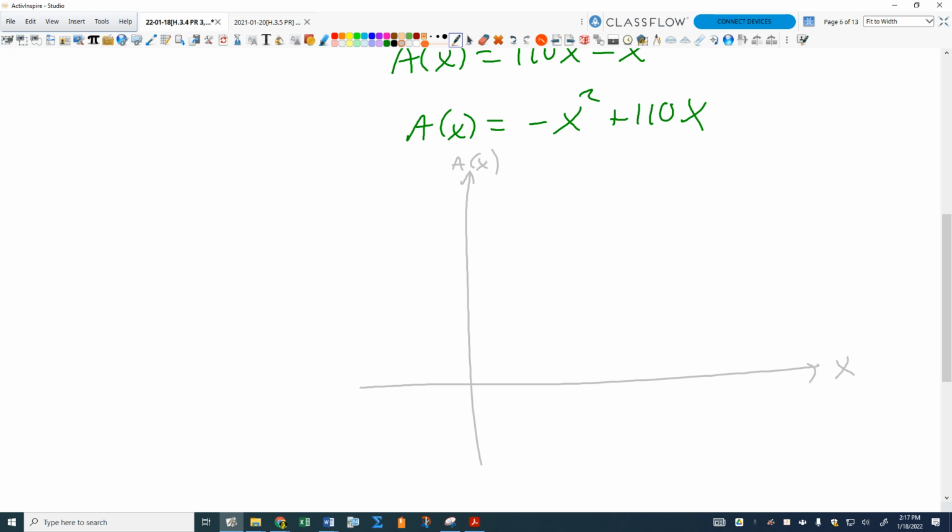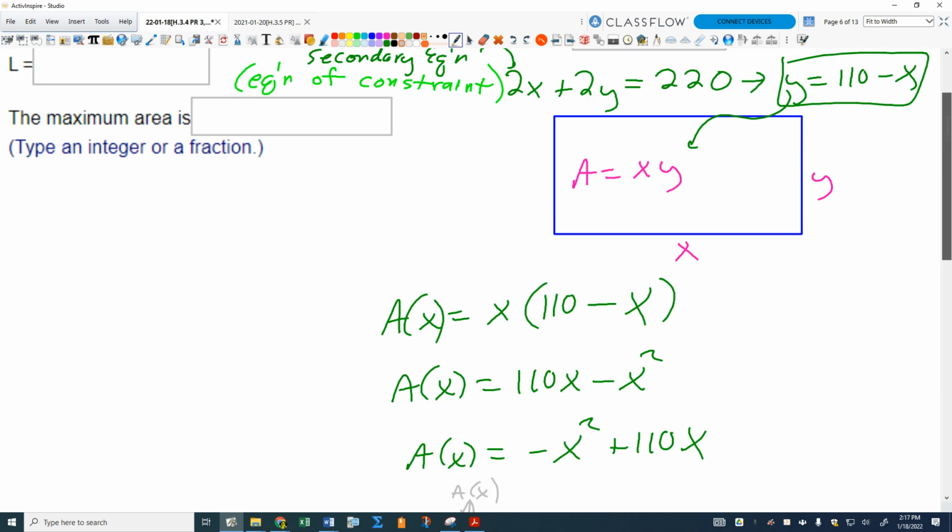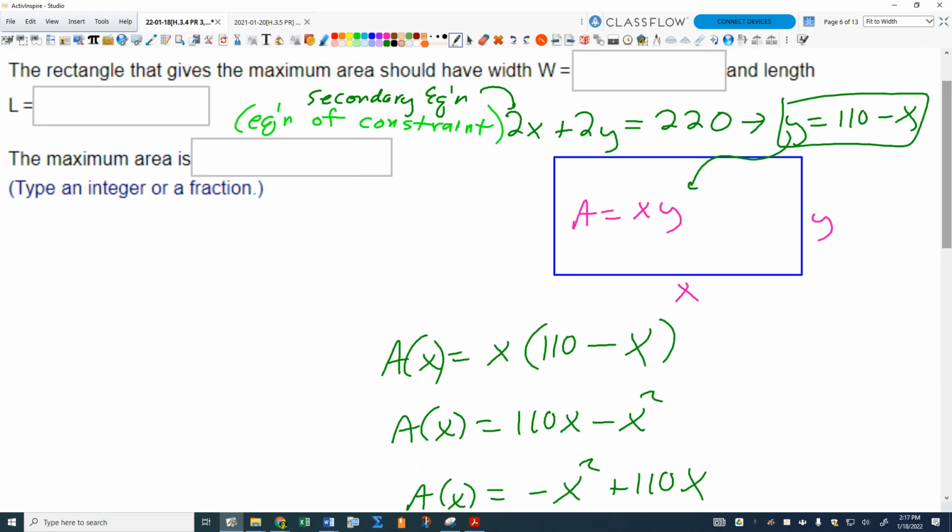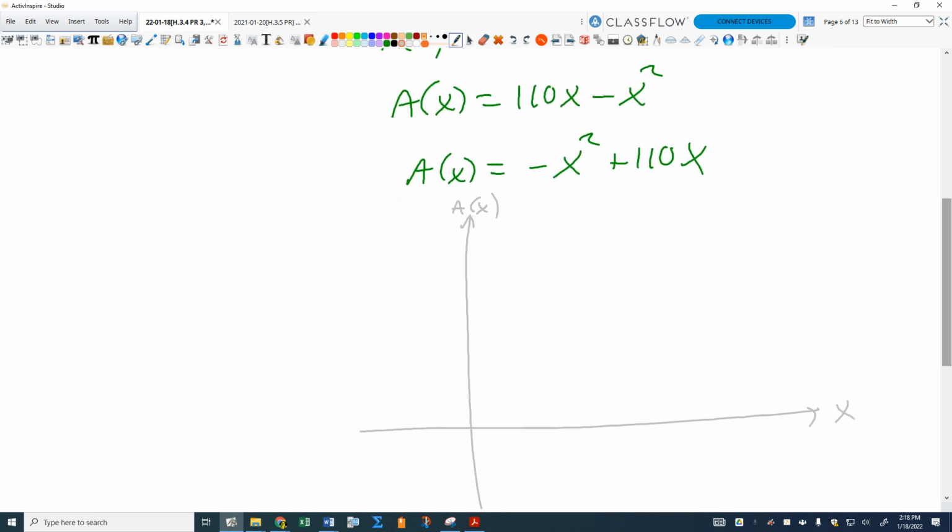It's opening down. That's important, right? That's really important because we're searching for a maximum. Why is that useful to us? The vertex becomes a maximum, doesn't it? It's the peak, right? We want a peak, not a valley, if we're looking for a maximum.